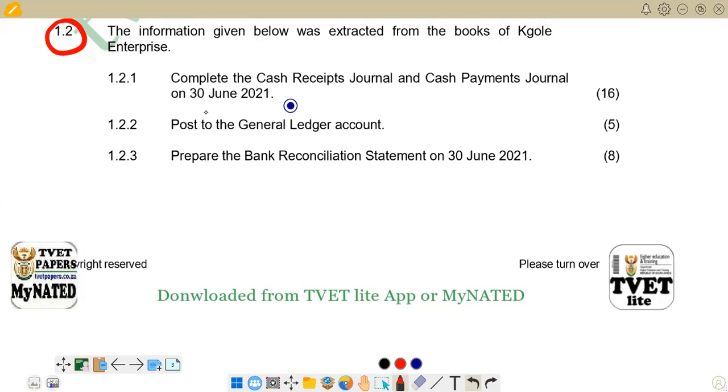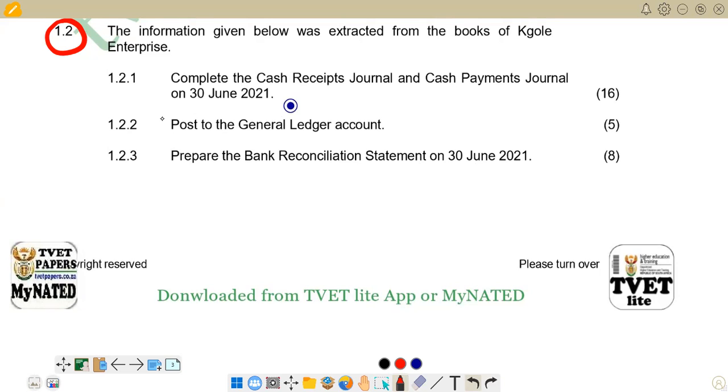It's very important for us to know that the cash receipts journal and cash payments journal are internal documents in the business. The bank statement, on the other hand, is an external document that reflects what is in the cash receipts journal and cash payments journal.